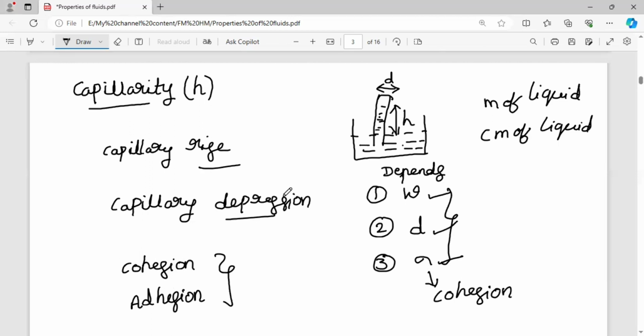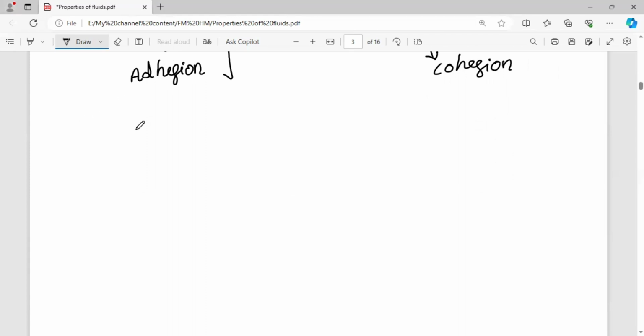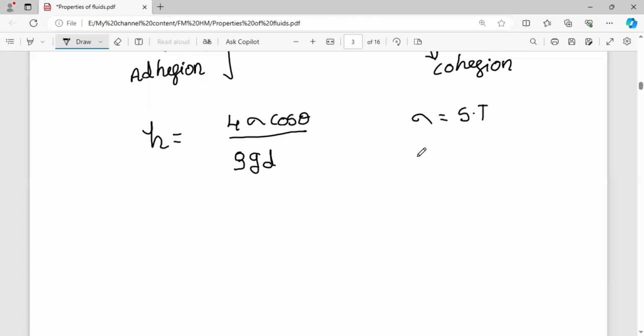Okay. Next, how can you calculate this capillarity? The formula is capillary rise H equal to 4 sigma cos theta by rho g D. Here sigma is the surface tension of the liquid, which we discussed previously, whereas rho is the density of the liquid. g is the constant, 9.81 meter per second square.